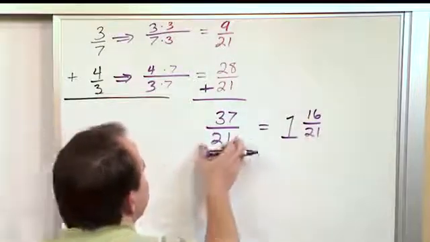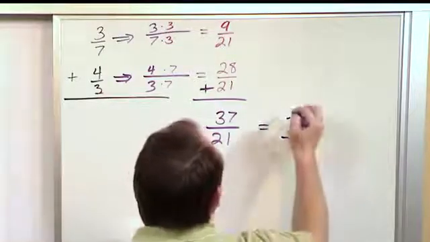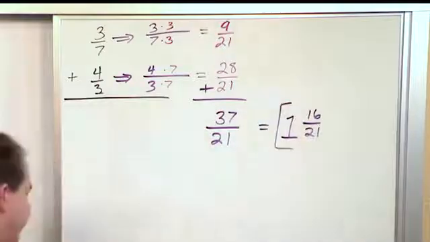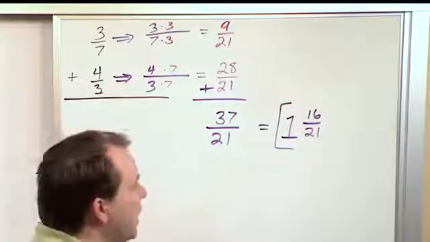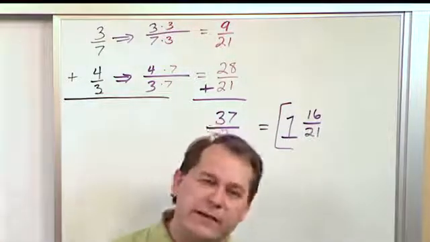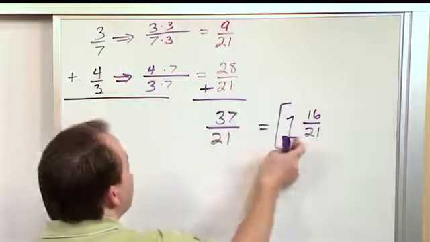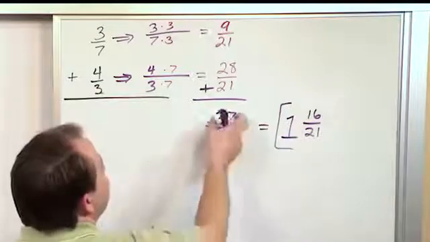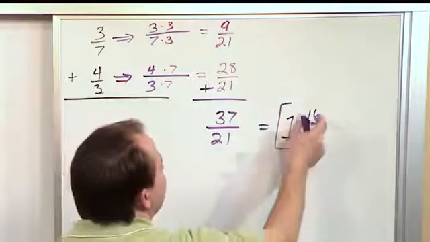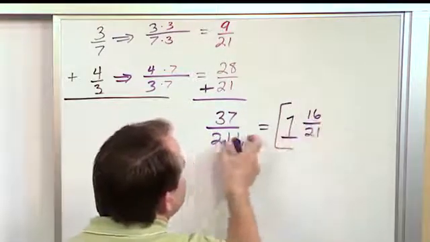So I'm just converting from an improper fraction to a mixed fraction. If that confuses you, go back to Mastering 5th Grade Math, and we do a lot of problems in converting improper to mixed. Basically what you're doing, you divide this, it can only go one whole time, and so 37 minus the 21 gives you 16, and you always put it over the same denominator.